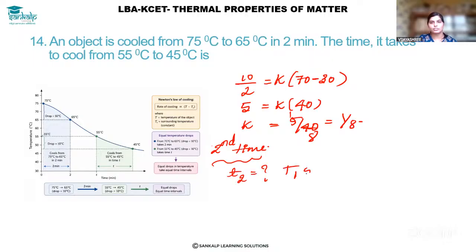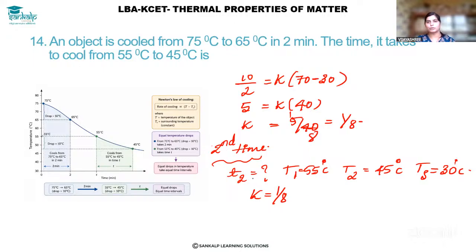T1 is 55 degrees Celsius, T2 is 45 degrees Celsius, and Ts is 30 degrees Celsius, and K is 1 by 8. We have to calculate t2, right? So apply the Newton's law of cooling for the second time interval. I am going to erase this, note down this.